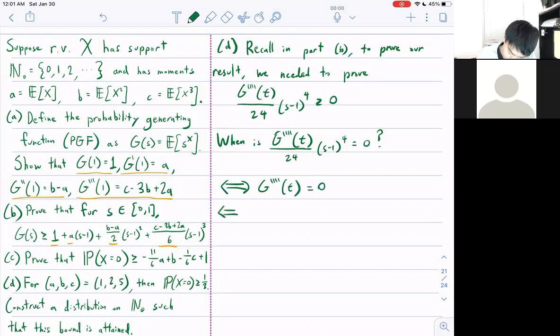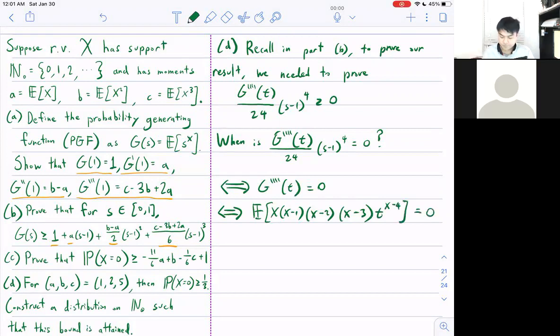Or it's just the expected value of x times x minus 1 times x minus 2 times x minus 3 times t to the x minus 4 equal to 0. And again, this t is some intermediate value that lies between s and 1. We can't really control that because our choice of s affects this t here.